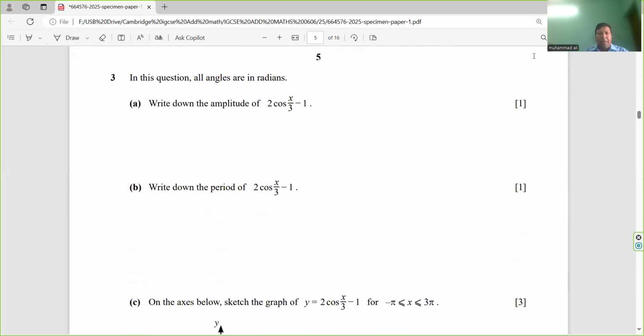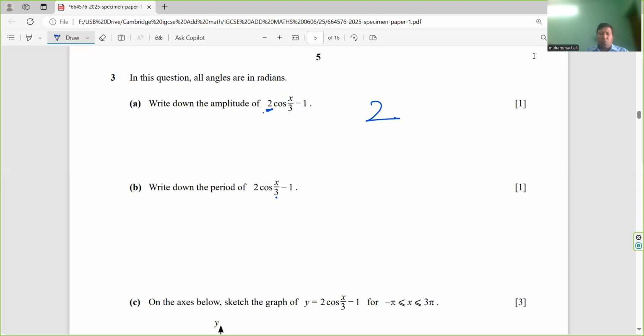Now, number 3. In this question, all angles are in radians. So write down the amplitude. Always remember, here the amplitude is 2. Write down the period of 2 cos(x/3) minus 1. We know that the period of cos x is 2 pi.